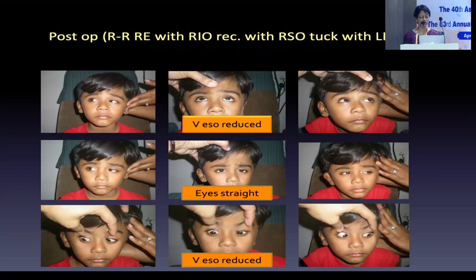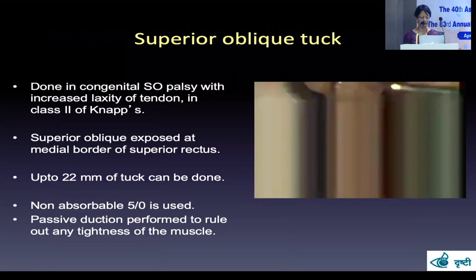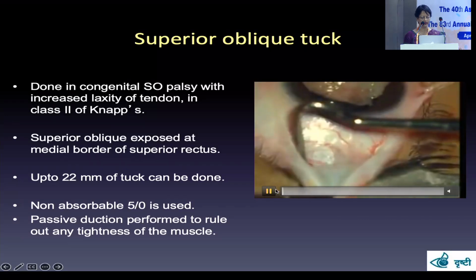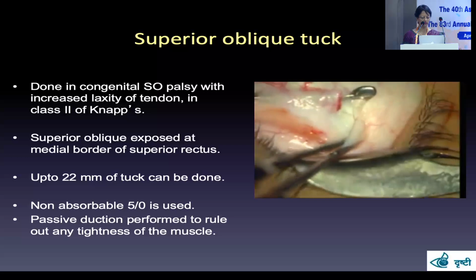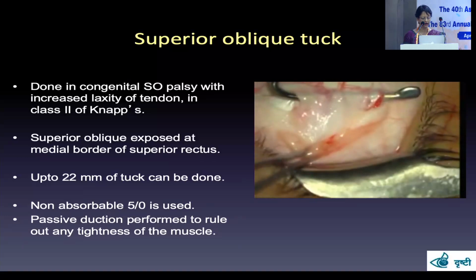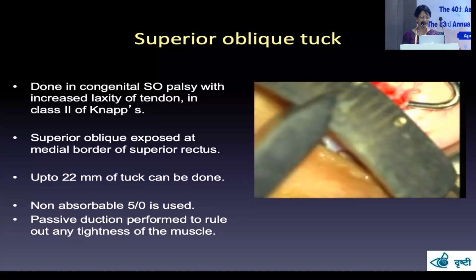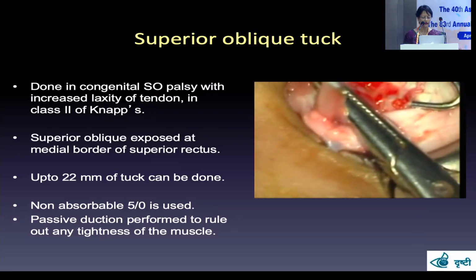And this is the post-op picture after doing recession and resection in the right eye, right inferior oblique recession with right superior oblique tuck, and left inferior oblique recession. The V was reduced and the horizontal deviation was corrected. Superior oblique tuck is done in cases of superior oblique palsy, and I do it at the medial border of the superior rectus muscle. We can do up to 22 millimeters of tuck.